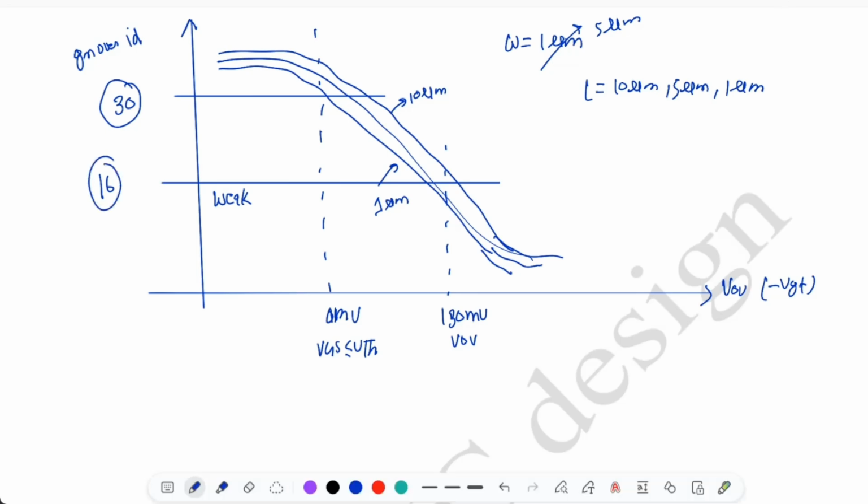In this region I will be in weak inversion, and my gm/ID will be more than 30. In this region I will be in moderate inversion, and my gm/ID will be between 16 and 30. And in this region I will be in strong inversion, and my gm/ID will be less than 16. We can summarize like this also.